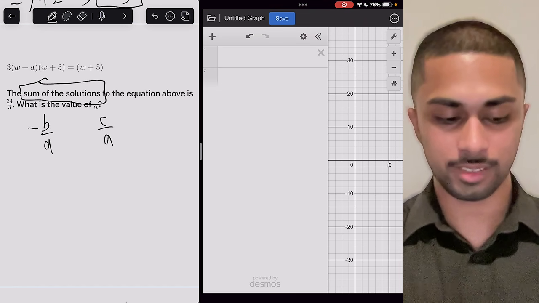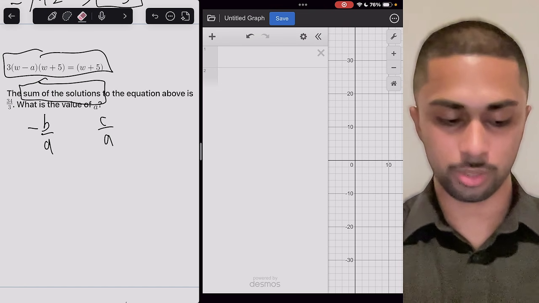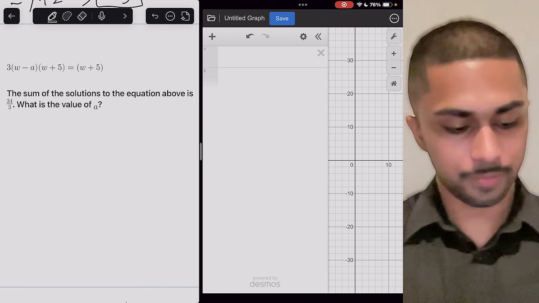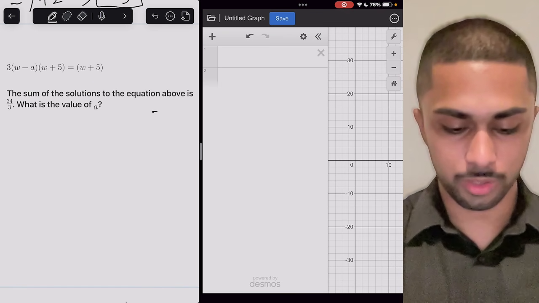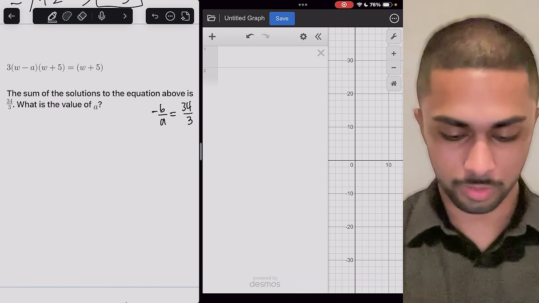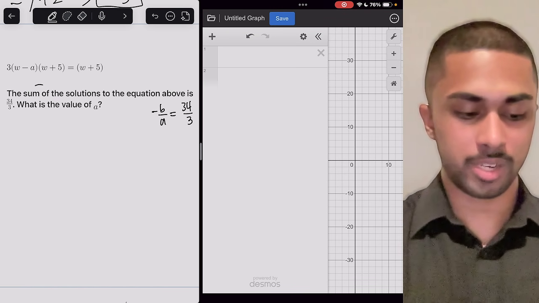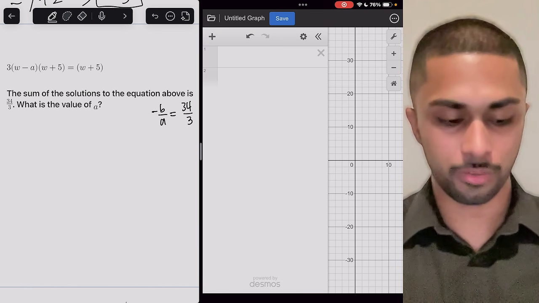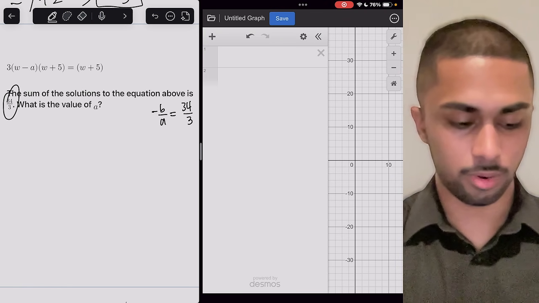And in this case, this is a quadratic, which we'll soon see. So basically, we know that before even doing this question, negative b over a is equal to 34 over 3. Because negative b over a is the formula for the sum of the solutions. 34 over 3 is what we're given.